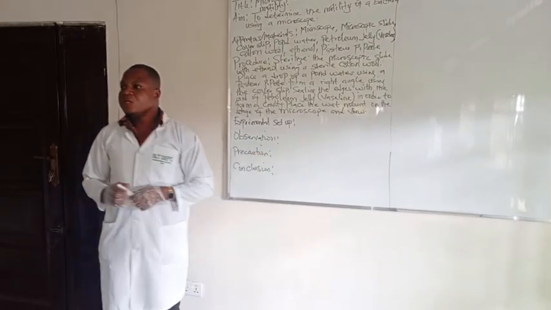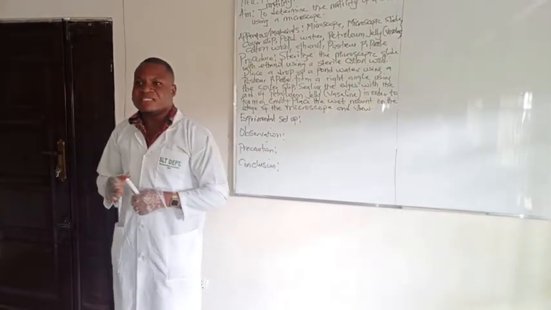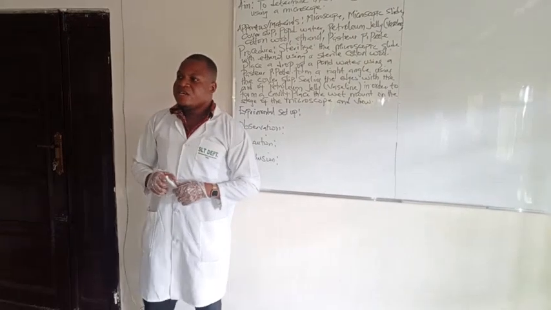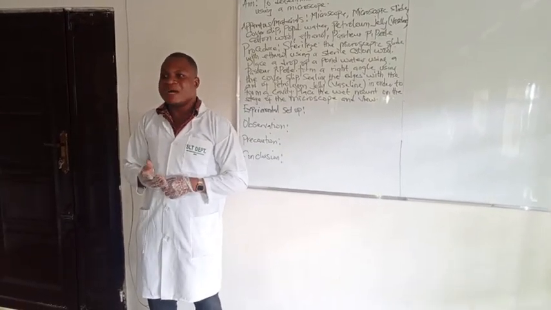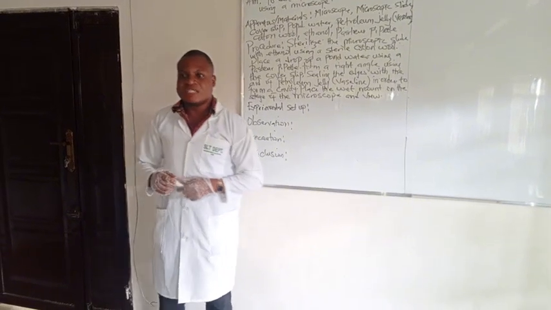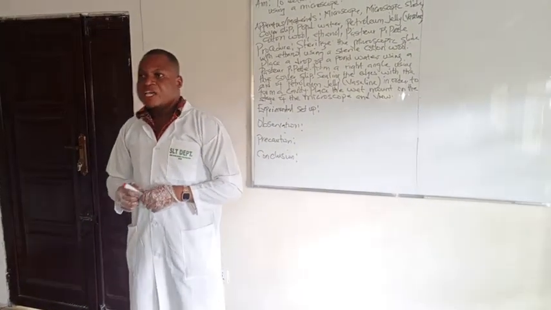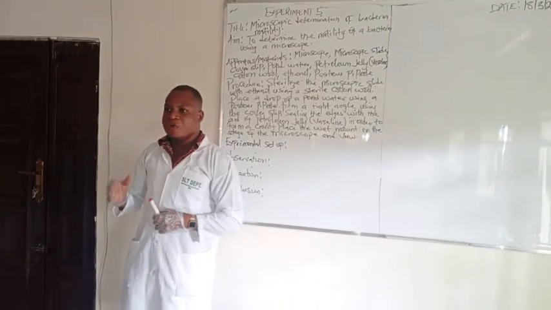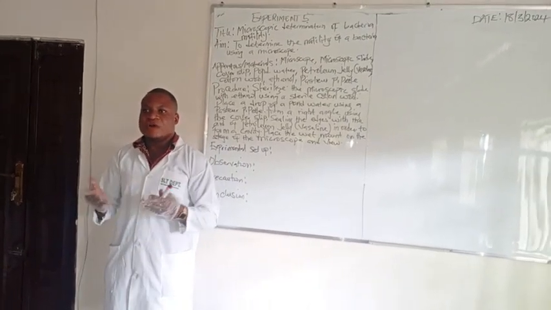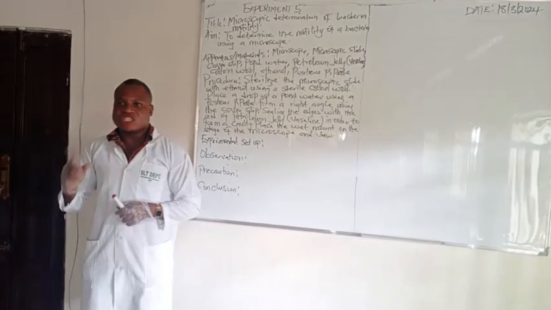Now the next thing is your observation. When you're carrying out the motility test of bacteria using a wet mount technique, you are expected to view organisms such as Paramecium, amoeba, as well as the green algae, or the mold. You see them on the microscopic slide using the 4 times objective lens.